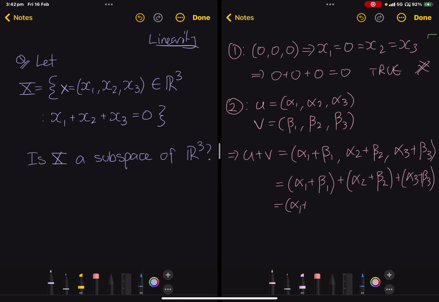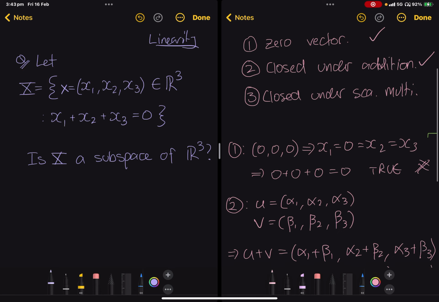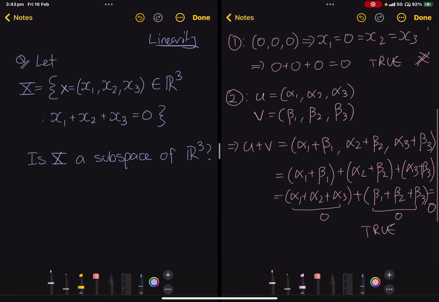This becomes alpha 1 plus alpha 2 plus alpha 3 plus beta 1 plus beta 2 plus beta 3 is equal to 0. And in fact this is true, because the sum of these variables was equal to 0, and the sum of these variables was equal to 0. So therefore we have closure under addition. So we have a 0 vector, we have closure under addition.